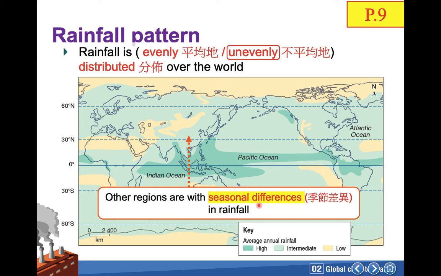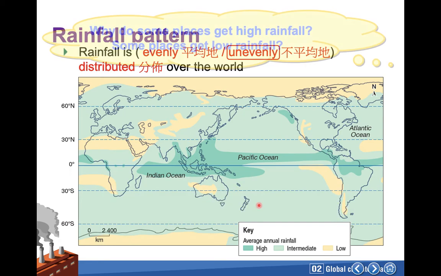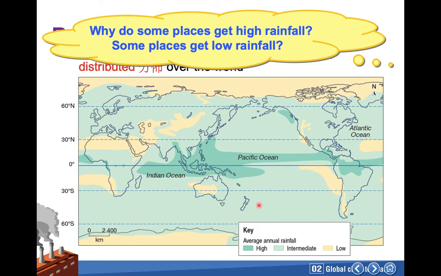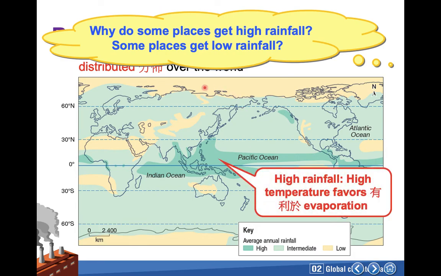That means in different seasons, their rainfall may be different as well. And why do places near the equator get higher rainfall, while some other places get lower rainfall? The high rainfall is favored by high temperature, because near the equator we have a higher temperature, so there will be more evaporation.